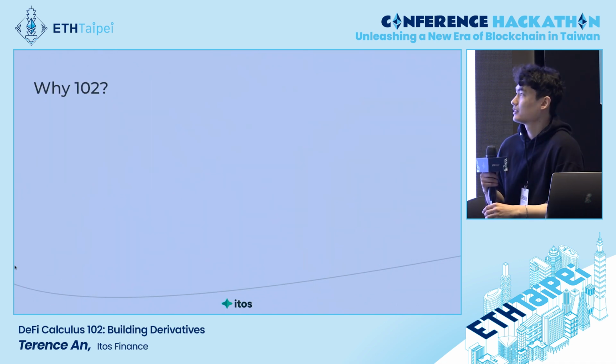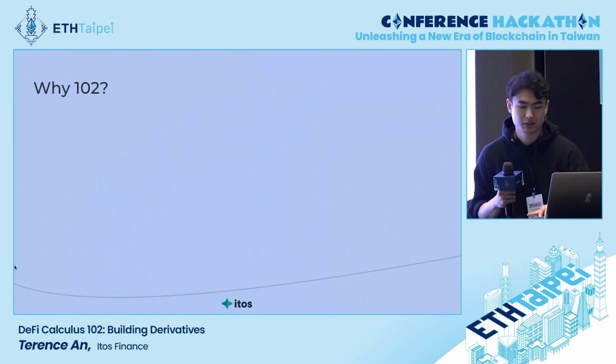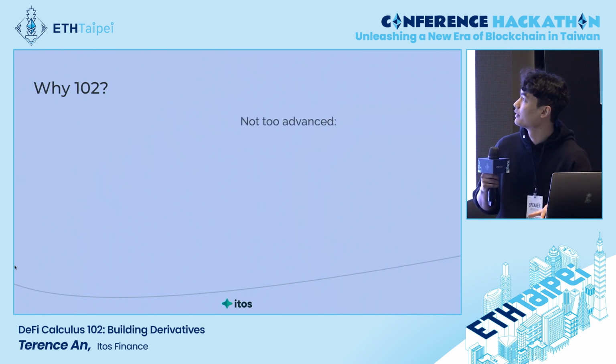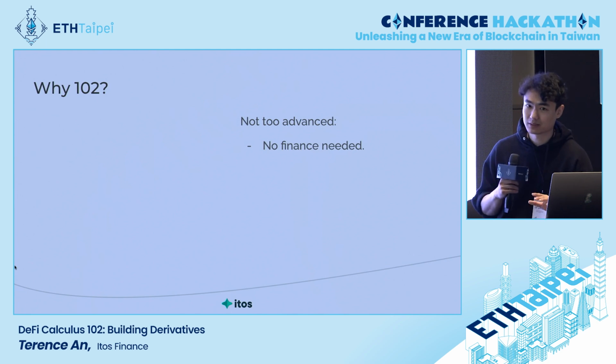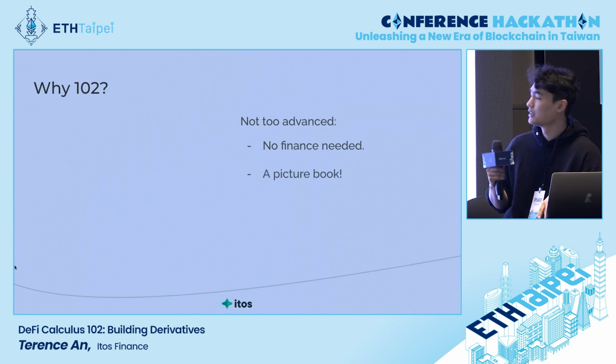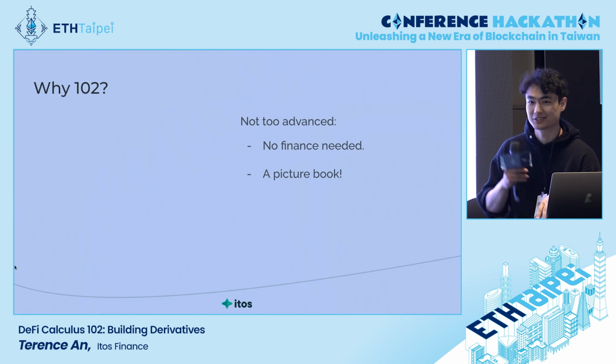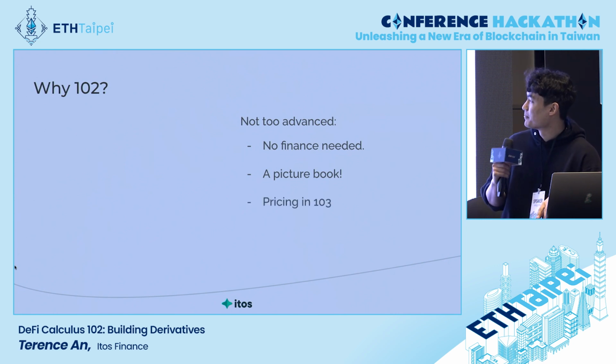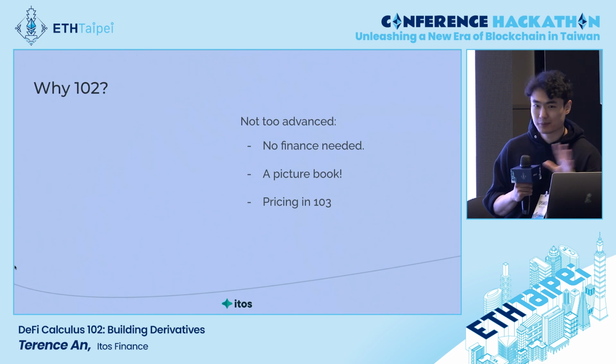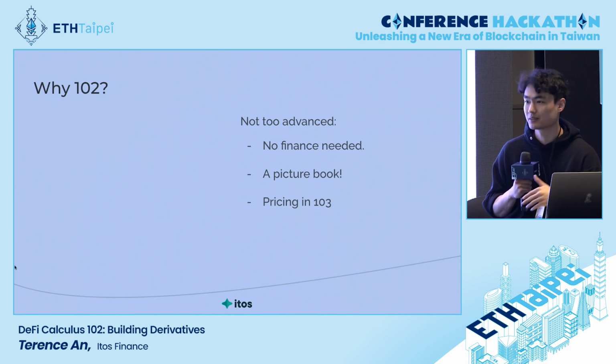Cool. So just to be clear, this is a 102 talk, which means it won't be too advanced. You don't need to worry about finance or whatever background there is. It's mostly just gonna be pictures, which is great, everyone loves pictures. There is no pricing information here because honestly, once you get into stochastic calculus, it's very hard to come back.